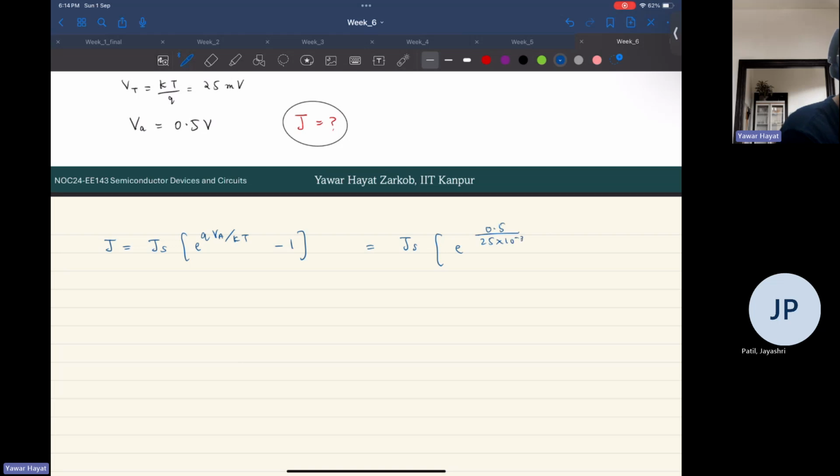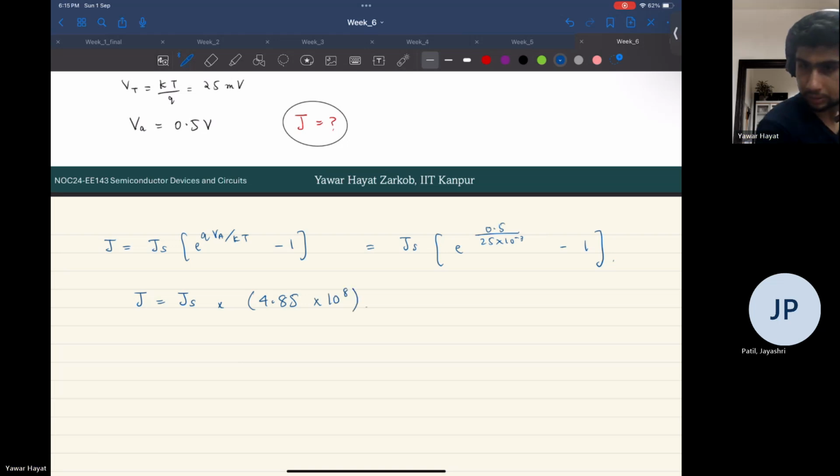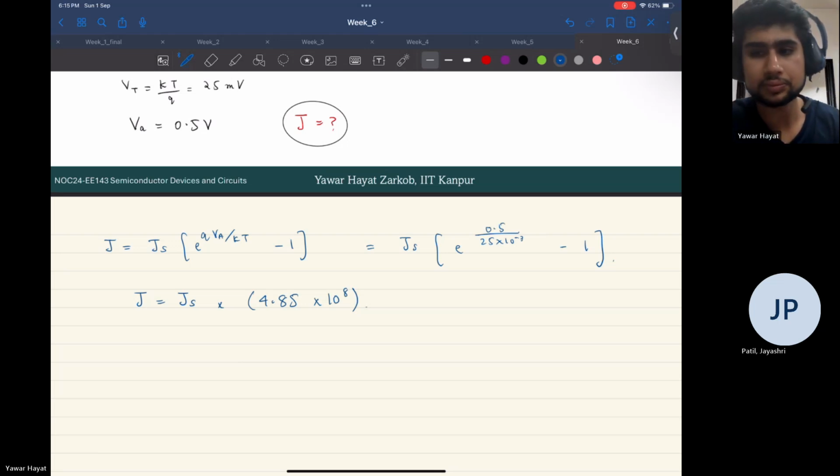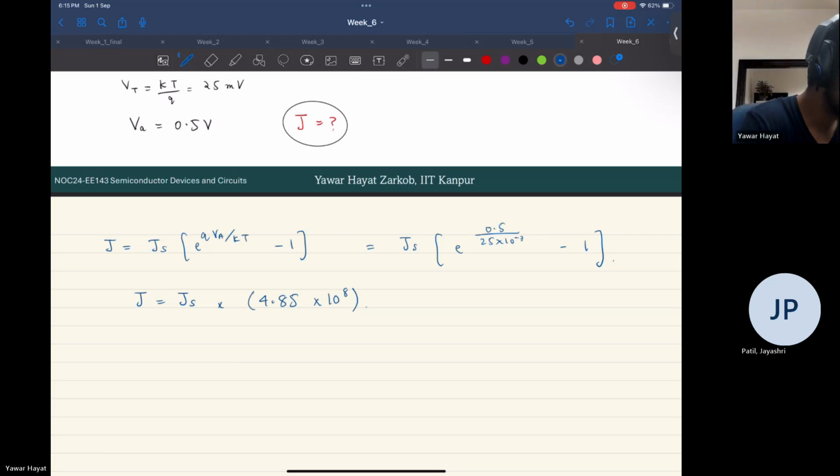So I can write that in the denominator and then minus 1. So what is J? Js times 4.85 into 10 to the power 10. Sorry, J is Js times this expression.